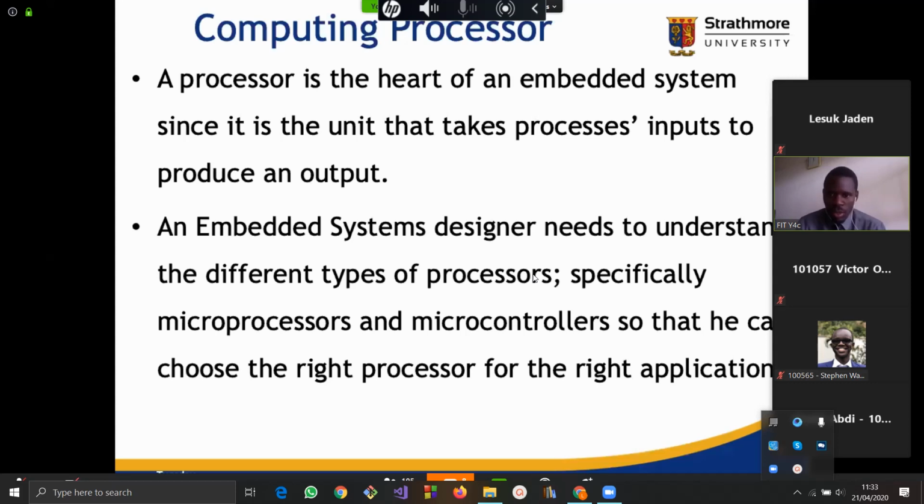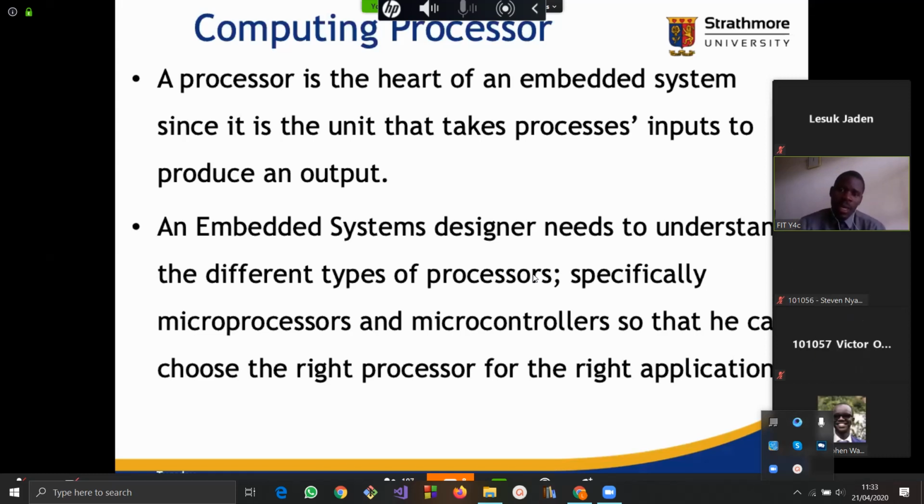For you guys, you'll be designing embedded systems or IoT systems. You need to understand the different processors and which ones are most suited for which types of application.